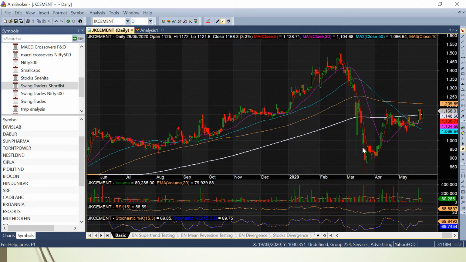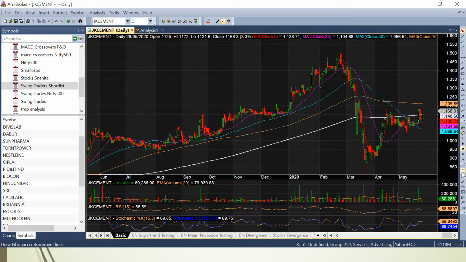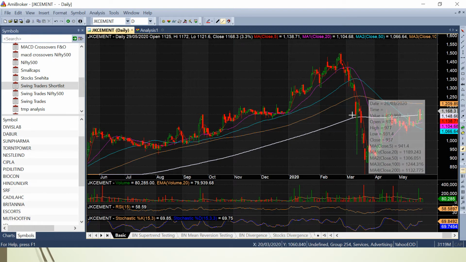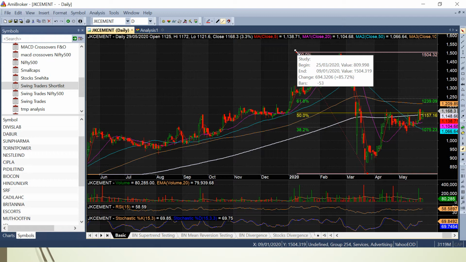So here we have a previous fall, corona fall I call it, right? Here I have the Fibonacci retracement indicator or tool. I select that and draw it from the bottom. I capture the extremes in this tool. So I start from the bottom, drag it and leave it at the top.